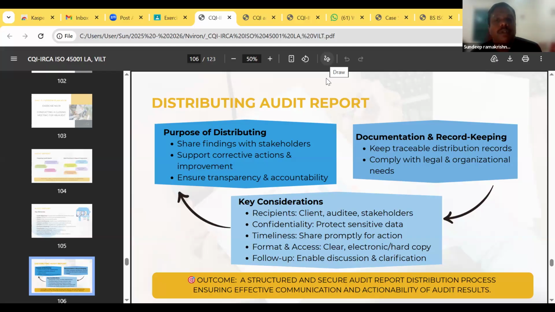Try to share the report in a timely manner. Format, access, all these details, clear documentation should be available, and any follow-up required. If there are non-conformities, what is the follow-up action you plan to implement? That also has to be mentioned in the audit report.